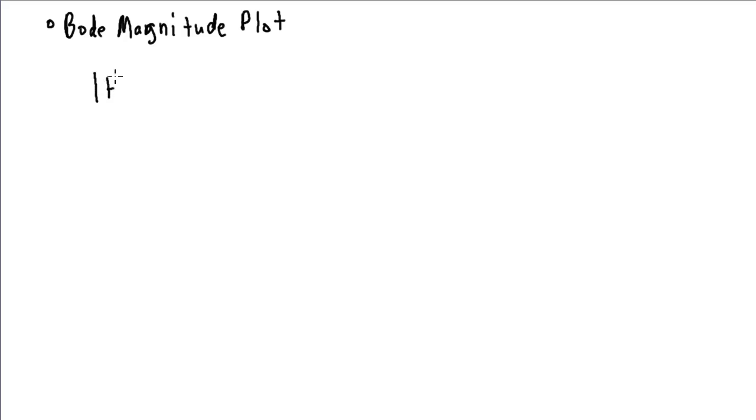So I'm interested in the absolute value of H of j omega. So again, this will be an entirely real function of omega. And I'll just take the absolute value or the magnitude of each of these terms that I had on the previous page.